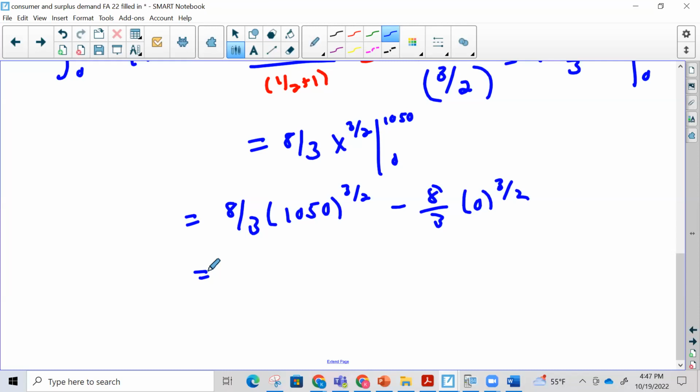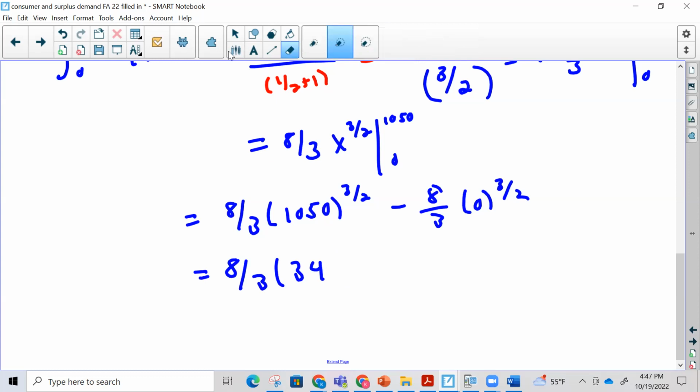So if we do 1,050 in your calculator to the 3/2, which means we're taking the square root of that cubed, that gives us 34,023.89 rounded to 2 decimal points, and I'm going to multiply that by 8/3.